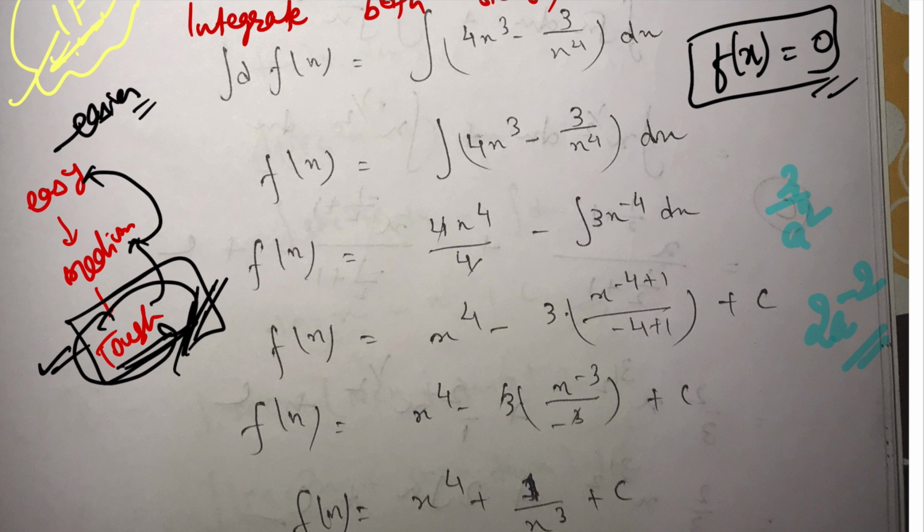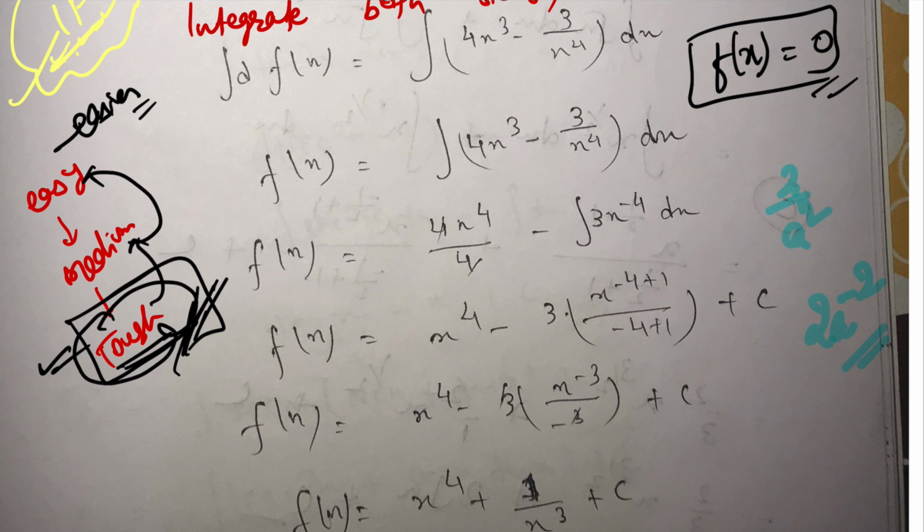Now this 4 and 4 get cancelled, so x to the power 4 only remains. Then minus 3 is a constant, let us just take it outside, and now we'll do integration of x to the power minus 4. The integration is x to the power minus 4 plus 1, we raise the power by 1, and then divide by the same number, minus 4 plus 1.